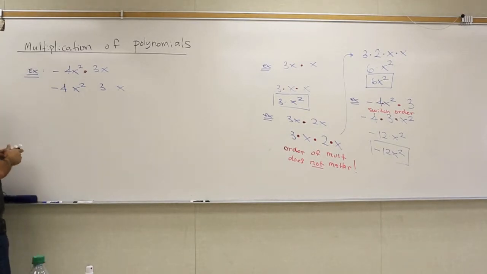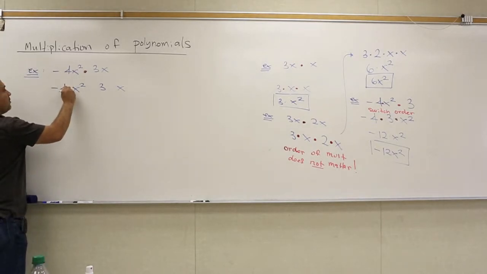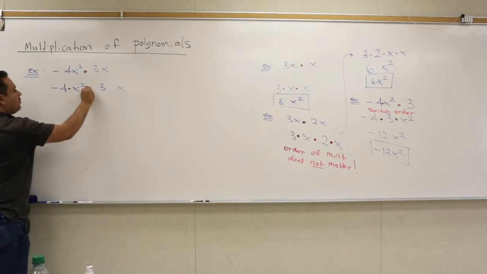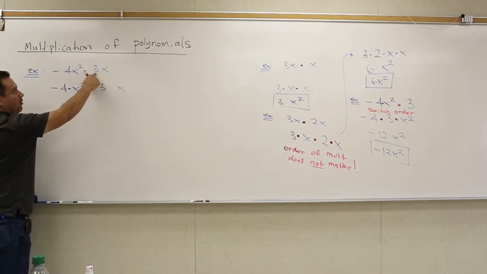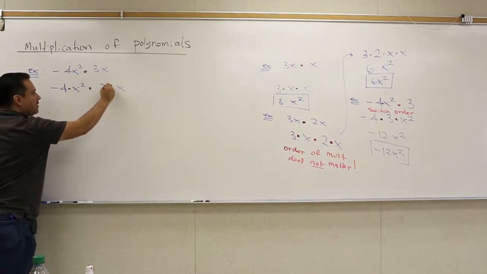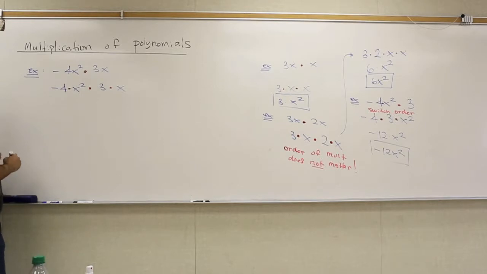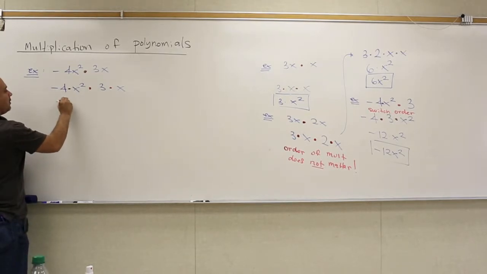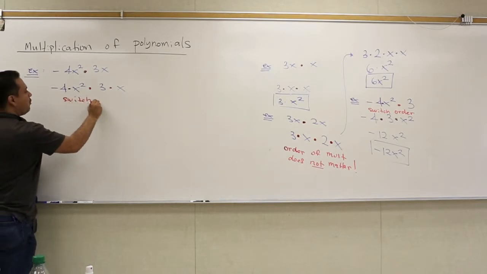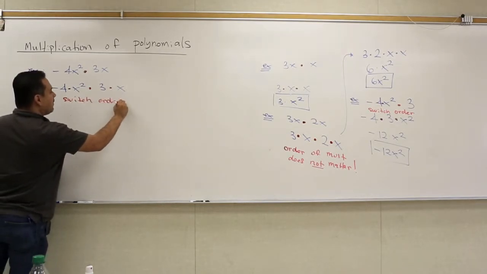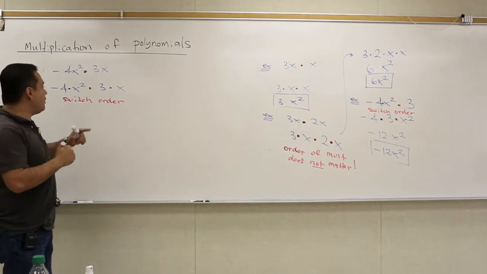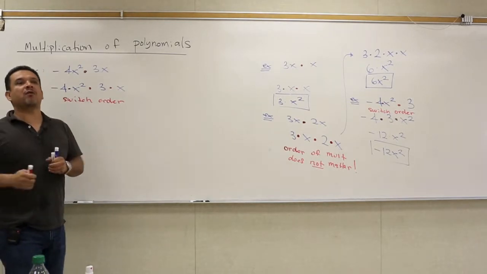What's happening here is multiplication. Here, multiplication. Here also, 3 with x is really 3 times x. They're all multiplication. And again, you're going to switch the order of your multiplication, because when you have a string of multiplication, the order does not matter.